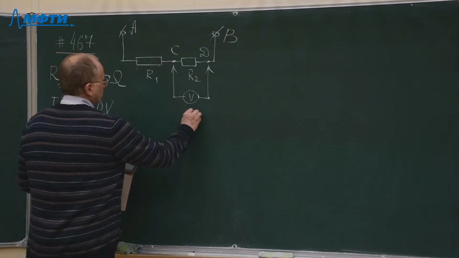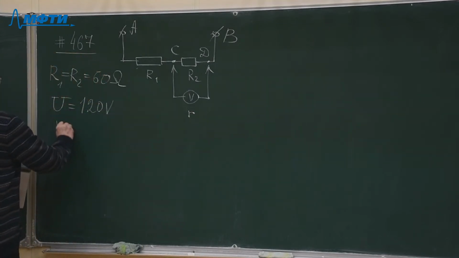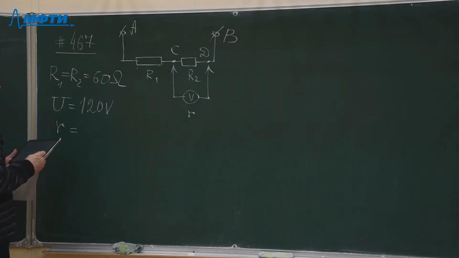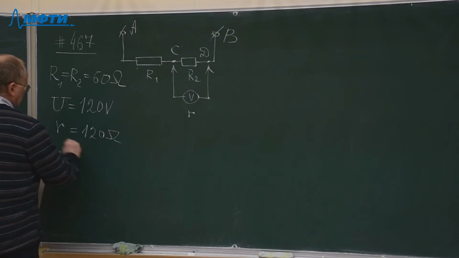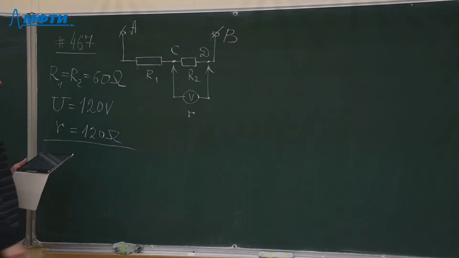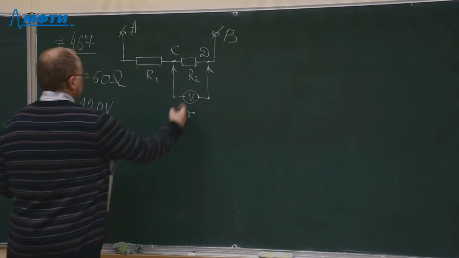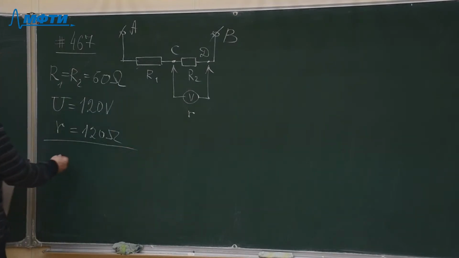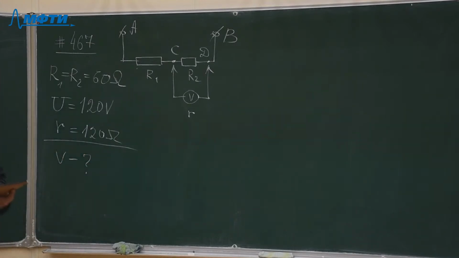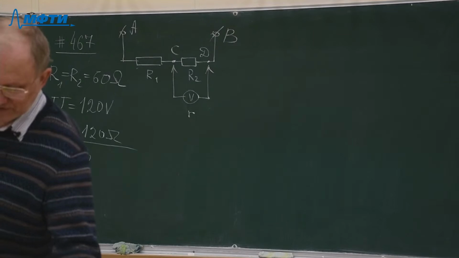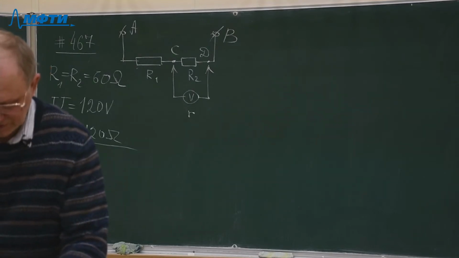The internal resistance R of the voltmeter is given as 120 ohms. I will denote the readings by capital V. We have to find the value of the readings of this voltmeter.